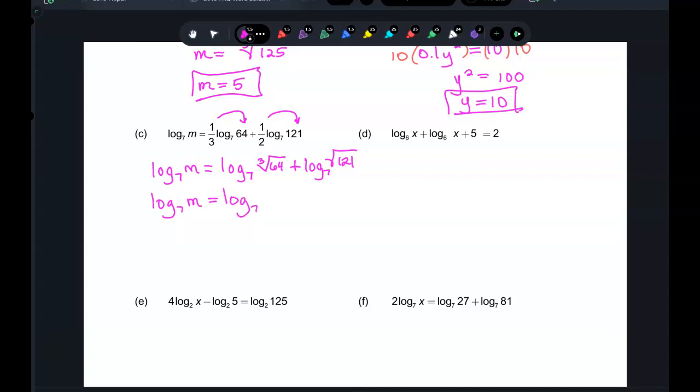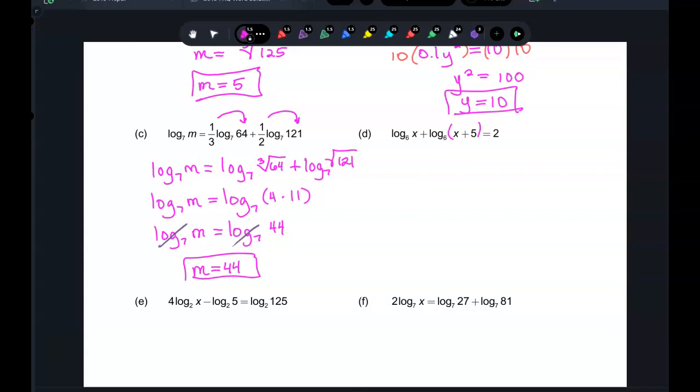So I'm going to have log base 7. Now, cube root of 64 is 4, and square root of 121 is 11, so I'm going to multiply those together. So that's kind of combining two steps. If that's confusing, then you can separate it into different steps. We get log 7 cancels, so m equals 44.